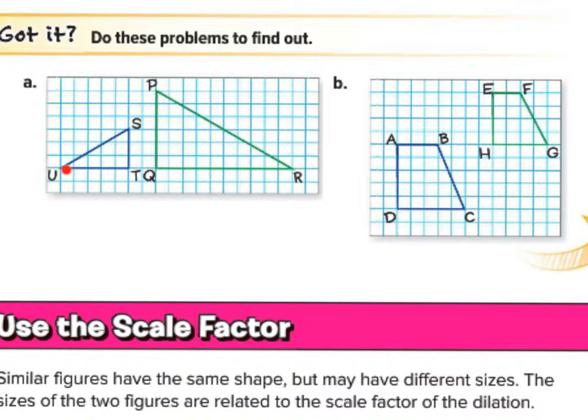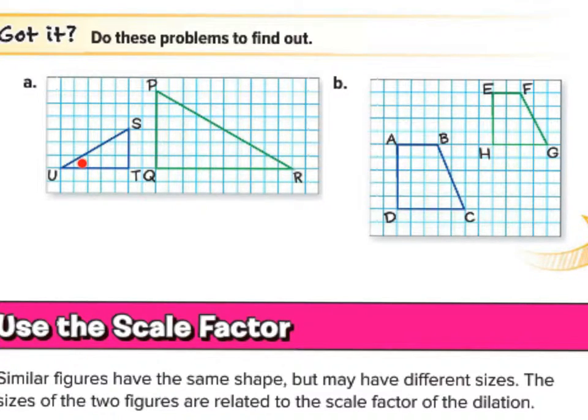Line UT is 5. If the rule applies, then line QR should be 10, just the same way it's 3 here and 6 here. Let's count: 1, 2, 3, 4, 5, 6, 7, 8, 9, 10. So it looks like we have a factor of 2.